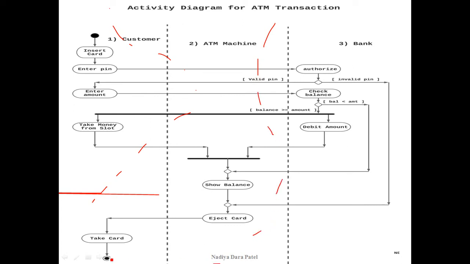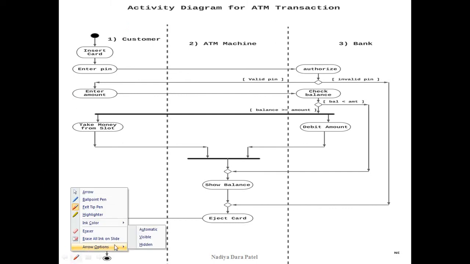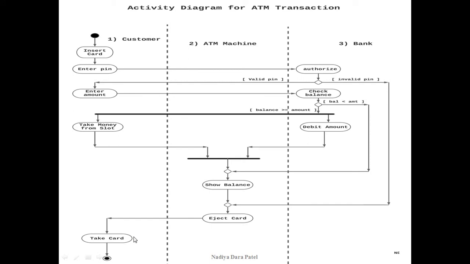But for simplicity, I have kept everything parallel. So if it is easy for you, like I have done, to place the swim lanes and then divide the activities into 2 or 3 sections, go on. If it is not getting easy for you, just drop this part of swim lanes. No need, not required. So here is the initial node.